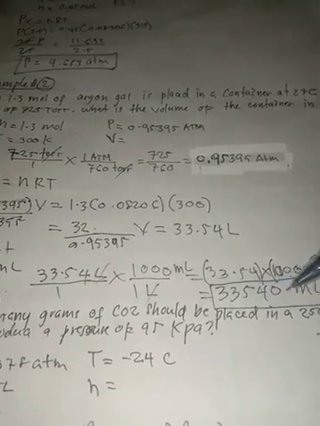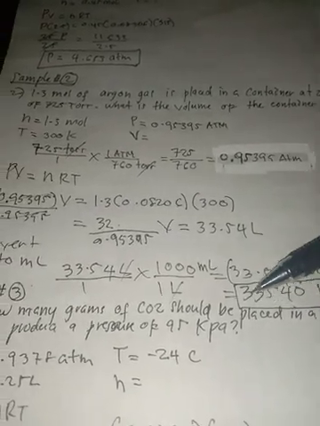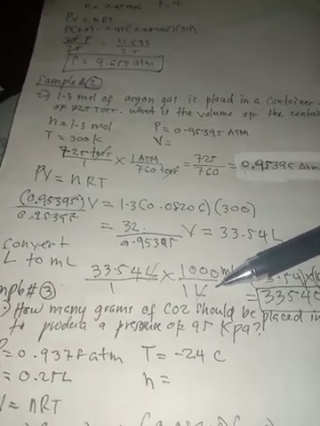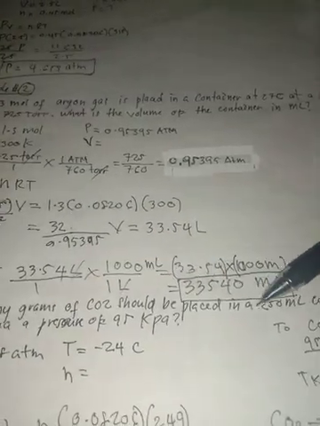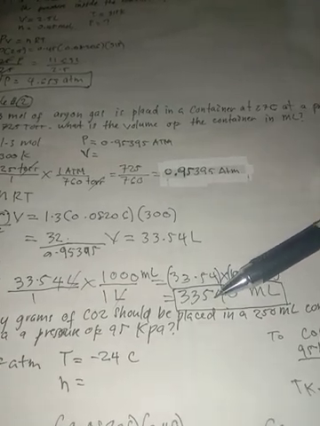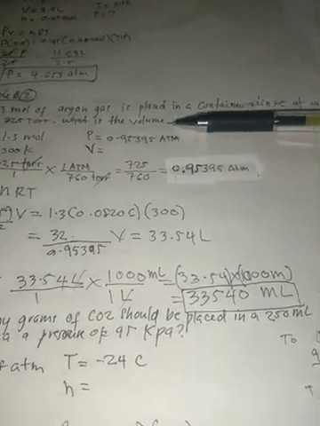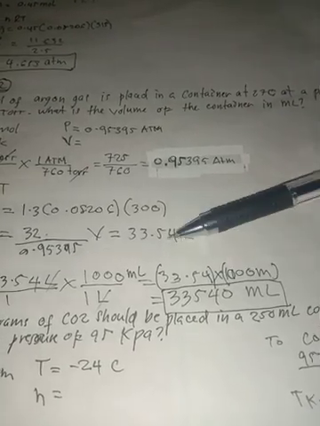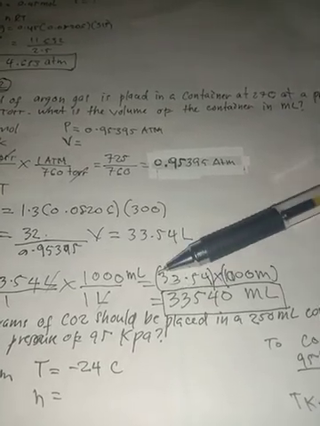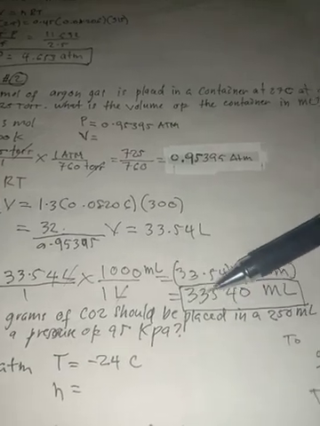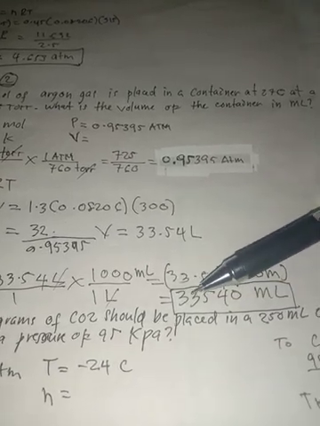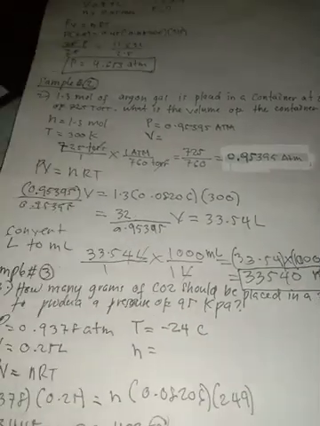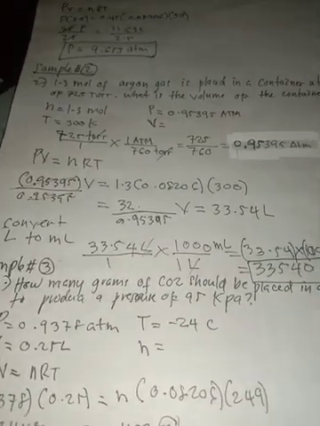So that is the answer to problem number 2, because the question here is what is the volume of the container in ml, not in liters. So that's why we convert liters to ml. So here is the answer: 33,540 ml. That is the answer in problem number 2.